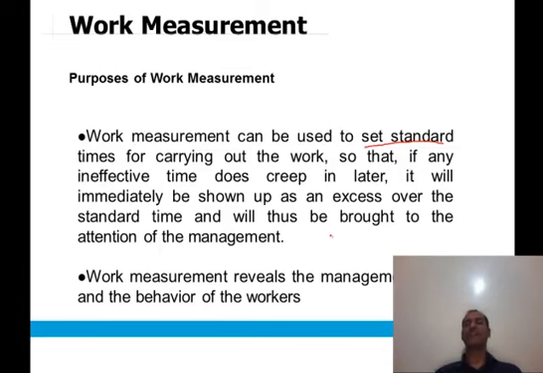If any ineffective time creeps in later, we have to eliminate it. It will immediately show up as an excess over the standard times and will thus be brought to the attention of management. Work measurement reveals the management itself and the behavior of the workers.